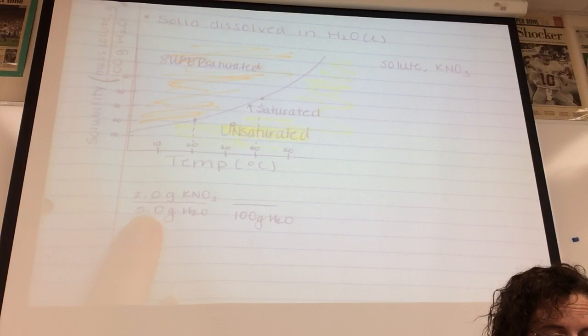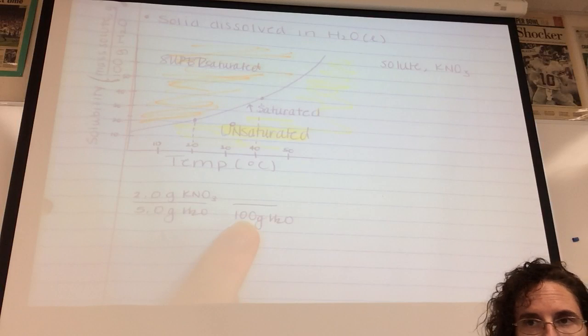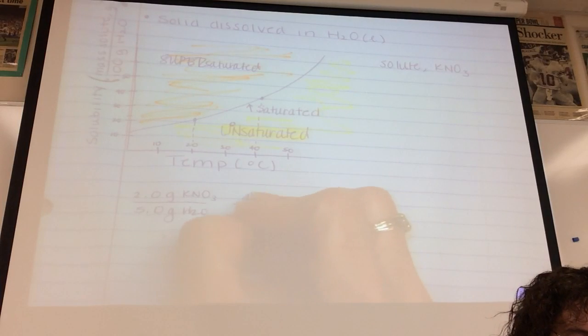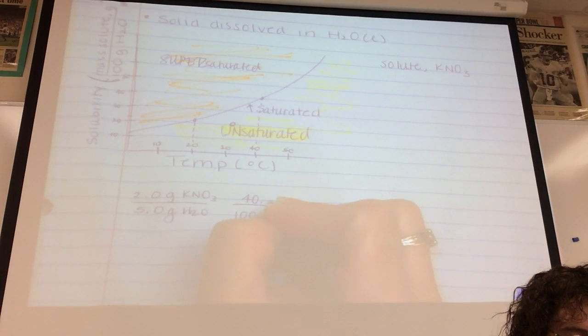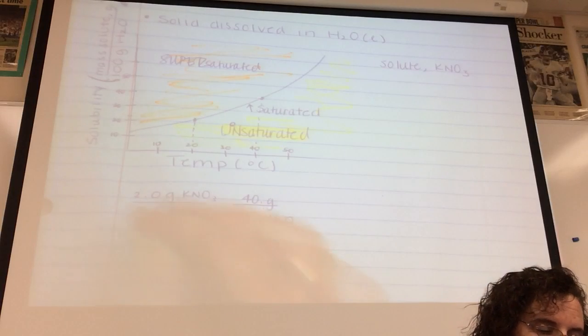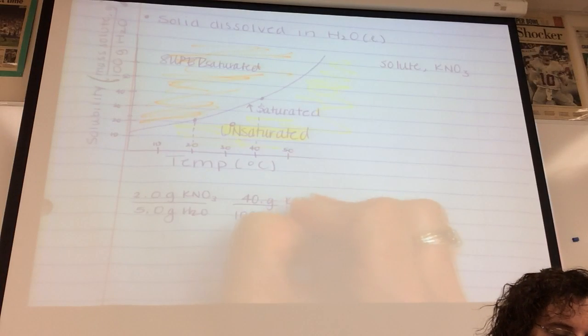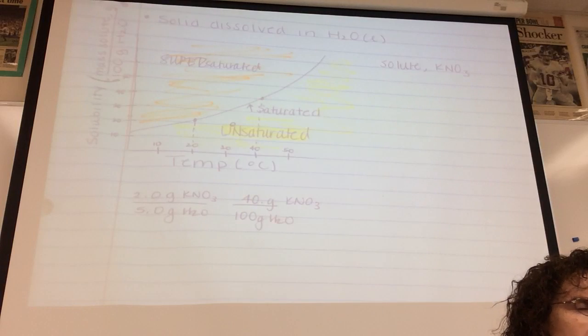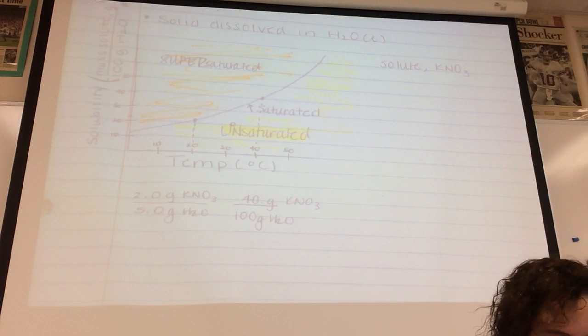That's what I was doing. That's why I said 100. Well, 5 goes into 100 how many times? 40. Times 2 is? 40. And that's how you determine your y-axis points. Your x-axis points you're going to measure in the lab, and that'll become clearer as you go.